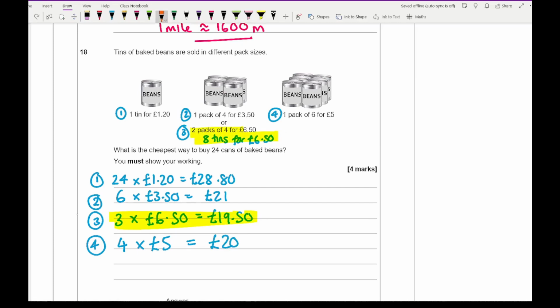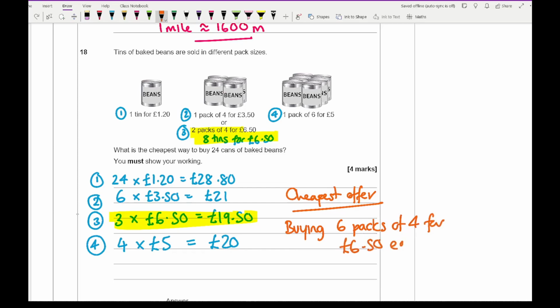So the cheapest offer is going to be buying 6 packs of 4 for £6.50 each. And there we go.